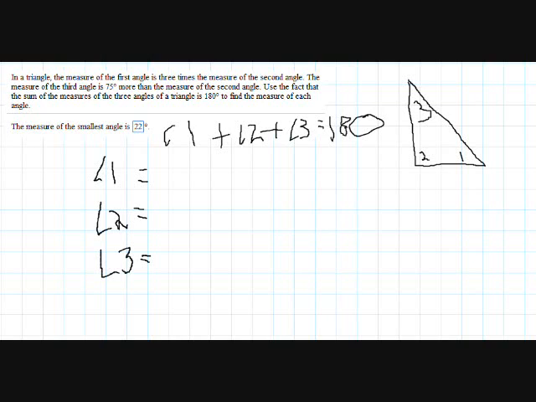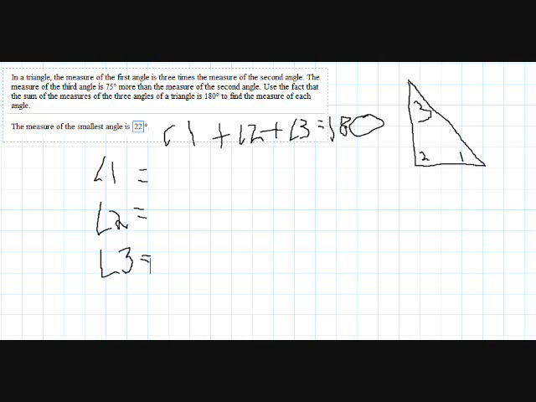And here the problem says the measure of the first angle is 3 times the measure of the second angle. The measure of the third angle is 75 degrees more than the measure of the second angle.